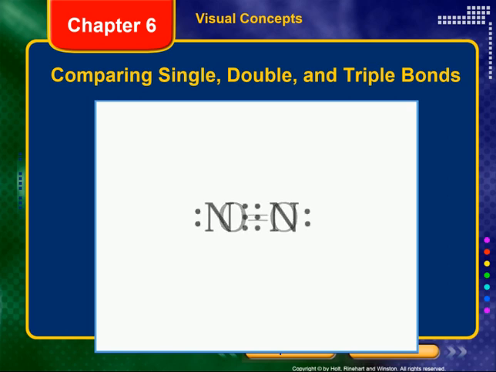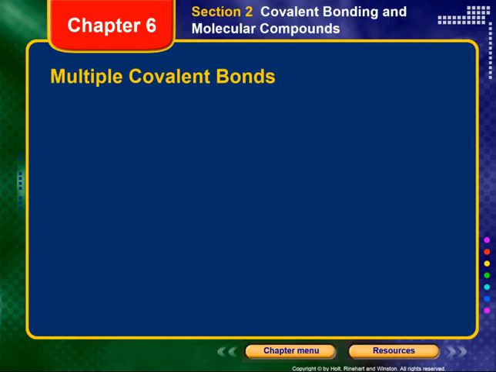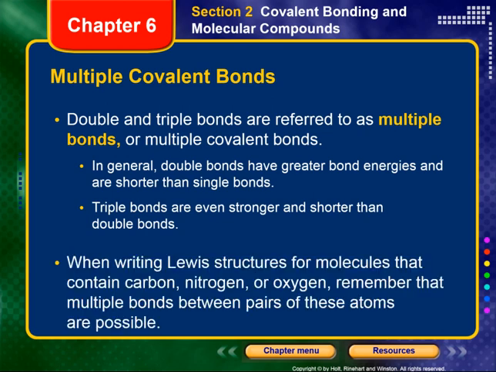Triple covalent bonds are formed when 3 pairs of electrons are shared between 2 atoms. Each set of shared electrons can be represented with a line. Triple bonds are usually shorter and have higher bond energies than single or double bonds. Double and triple bonds are referred to as multiple bonds because there are multiple bonds.